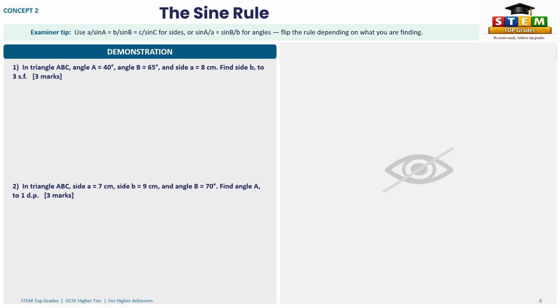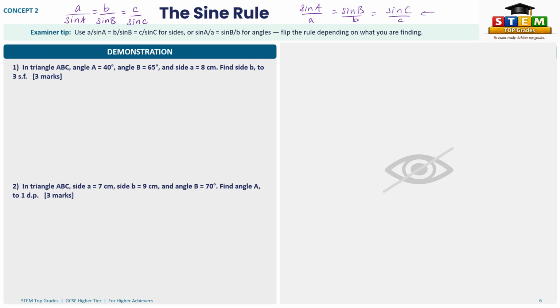The first formula is a over sine A equals b over sine B equals c over sine C. Now, you may also remember that the same formula has all the terms flipped. So sine A over a equals sine B over b and is equal to sine C over c.